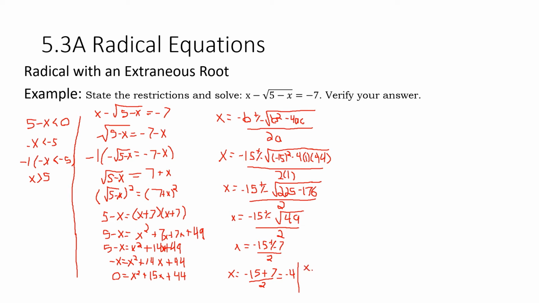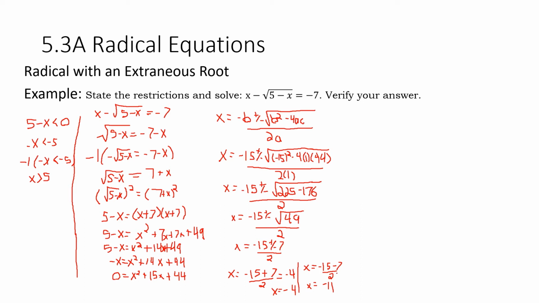If we subtract the 7, so x equals negative 15 minus 7 over 2. So negative 15 minus 7 would be negative 22. And then negative 22 divided by 2 will be negative 11. So there's our two solutions. x is equal to negative 4 and x is equal to negative 11.